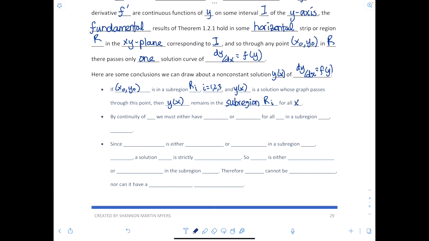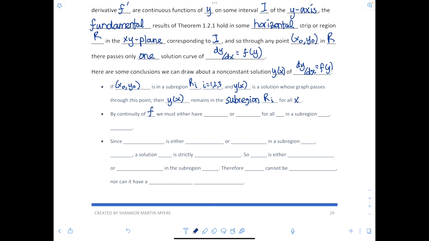By continuity of f, we must either have f of y greater than 0 or f of y less than 0 for all x in some subregion R sub i, where i is 1, 2, and 3.